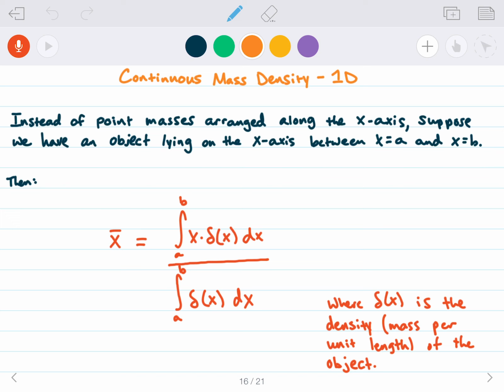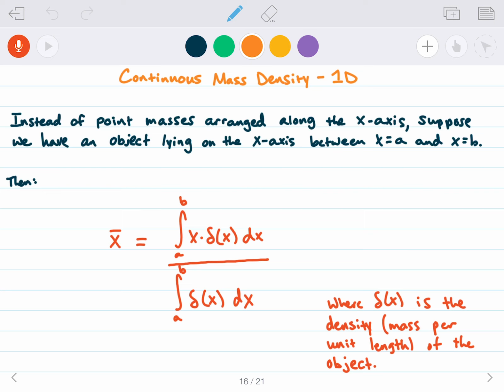All right, so we just talked about point masses arranged along the x-axis. What if we have an object that's lying on the x-axis between x equals a and x equals b? Well, then the center of mass equation becomes an equation that involves integrals. So the center of mass is going to be the integral from a to b of x times the density function all over the integral of a to b density function.